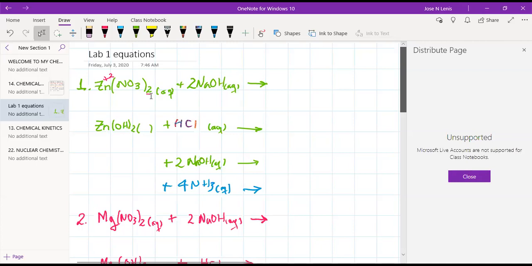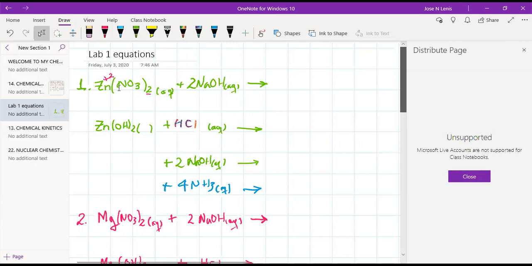All right, in our experiment, initially we have zinc nitrate. We started with the zinc nitrate because zinc nitrate is a soluble compound, so we dissolve it in water. We have aqueous solutions of zinc nitrate, and as you can remember, we added zinc nitrate solution into 3 test tubes.